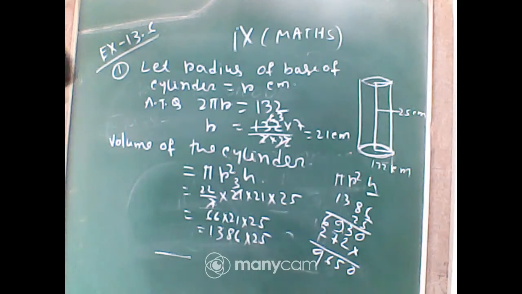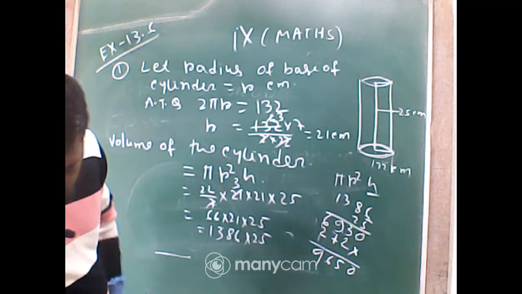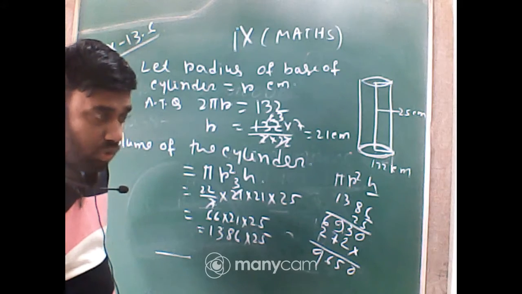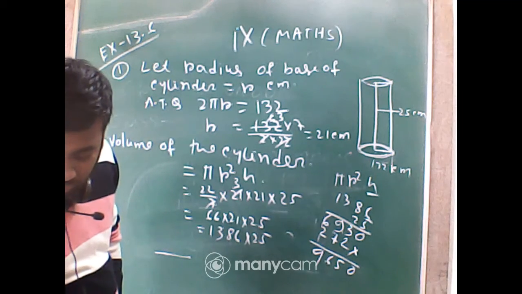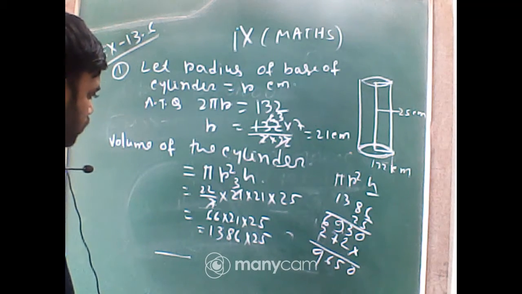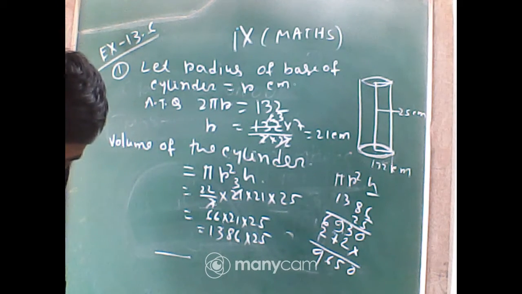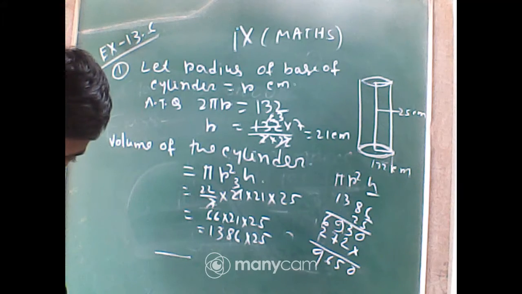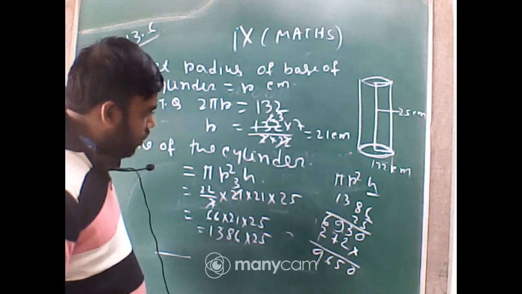pi r square is 1386. Wait, students. 3 into 22, 66 into 21 into 25. Oh my god.